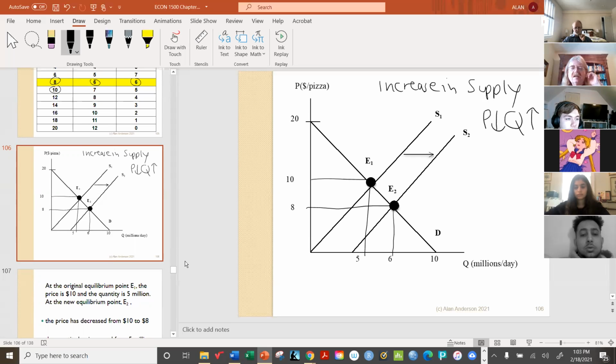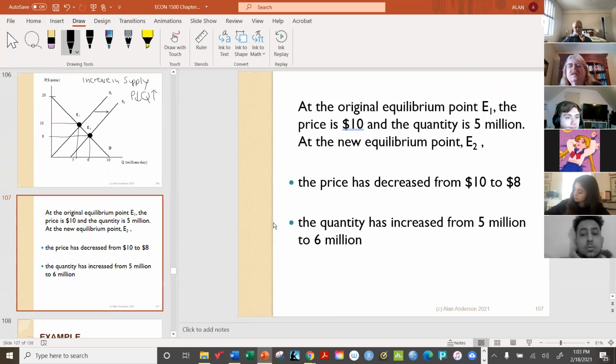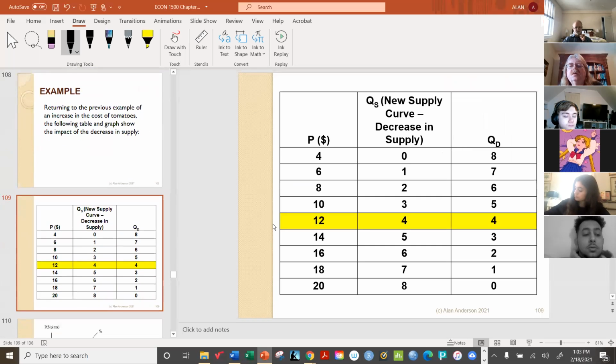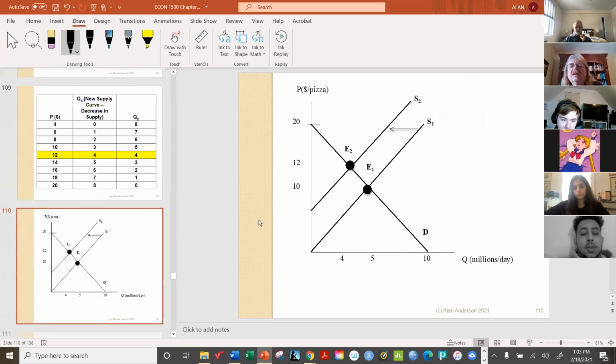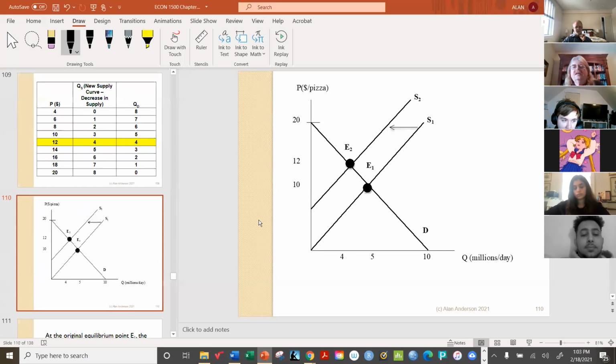All right, now let's consider the opposite case, when unfortunately the tomato costs went up and supply went down. Now what's going to happen? Ooh, it's not looking pretty. The price went up to 12 and look at the equilibrium quantity. It's only 4 now. Ouch. So the price was 10 and the quantity was 5.